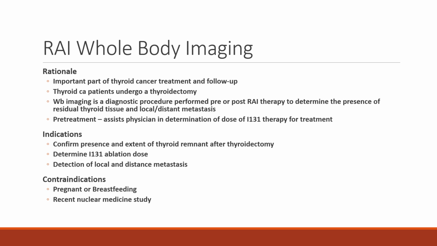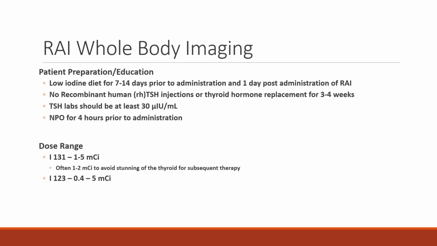They can't be pregnant or breastfeeding, and they can't have any recent nuclear medicine studies that would interfere with it. They need to be on a low iodine diet, no recombinant TSH injections or thyroid hormone replacement. TSH labs should be at least 30 mIU/L for 4 hours prior to administration.